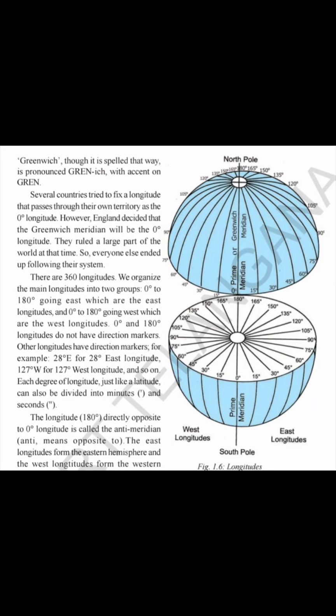What was the special reason that 0 degree passed through London? You know children, the Britishers ruled over almost all parts of the world. So, following this, everyone ended up following their system, and later on it was decided that the standard meridian will be the 0 degree longitude that passes through London.